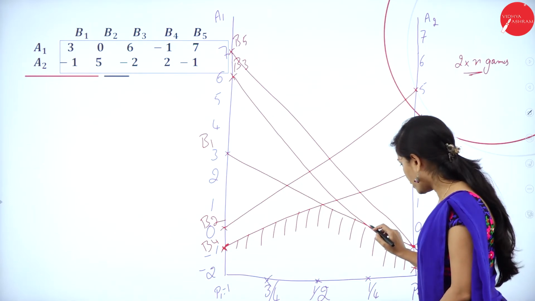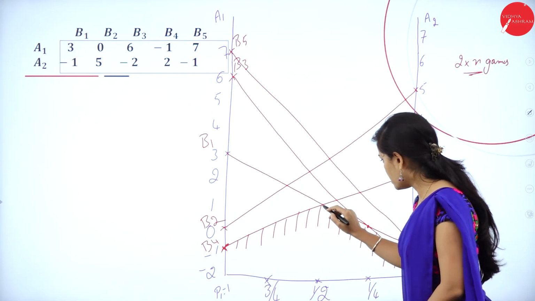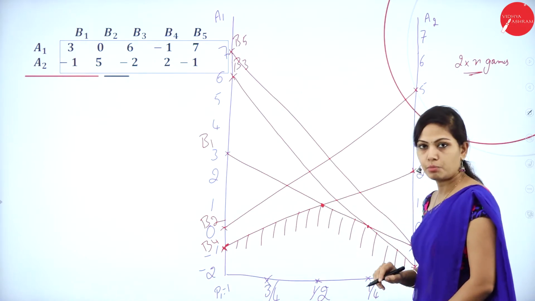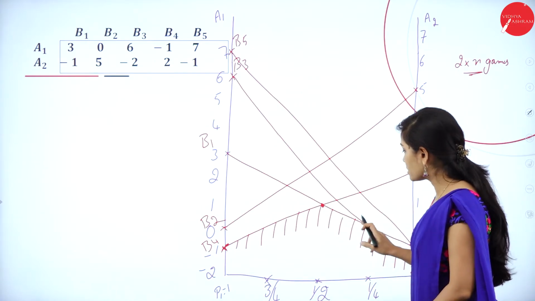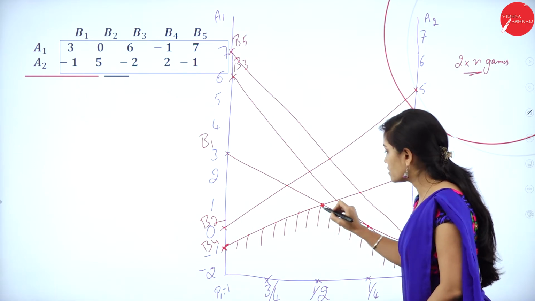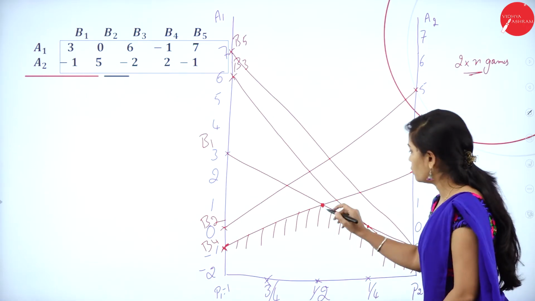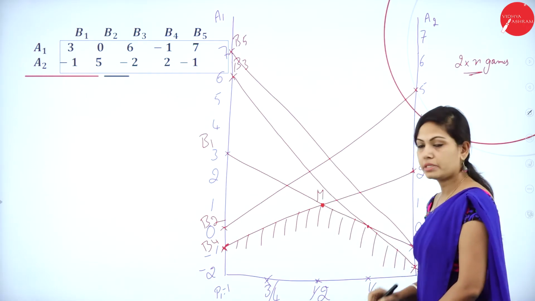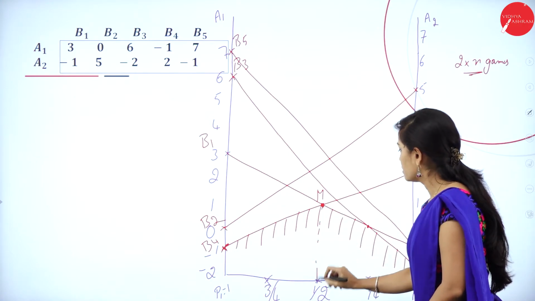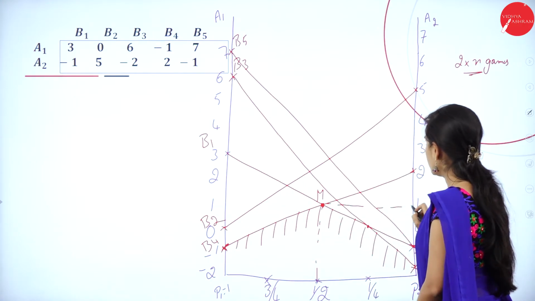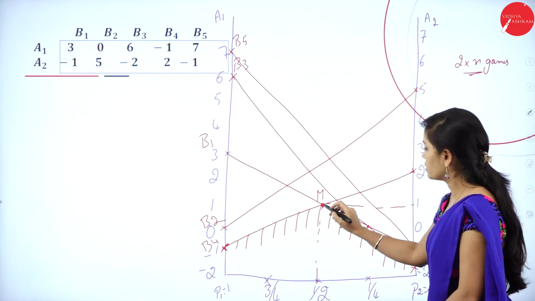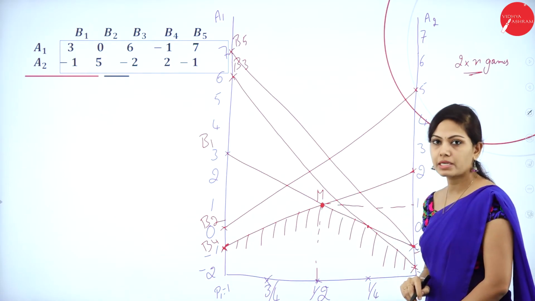So this point is joined here and this point is also an intersected point, right? So here the maximum point is this. It is called M. M is a maximum point. This intersected point is a maximum point. So M is called the maximum point.